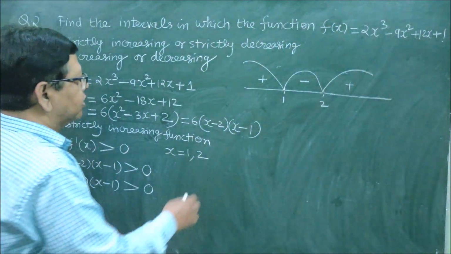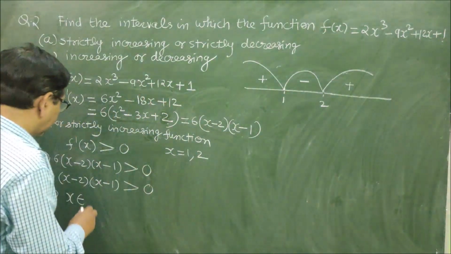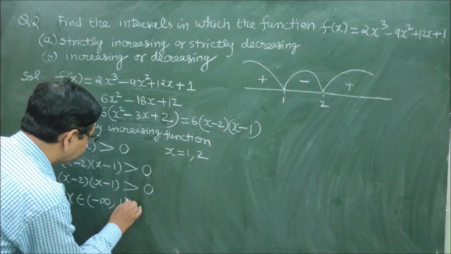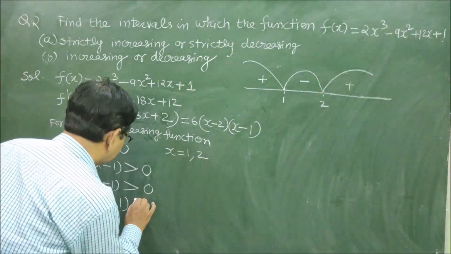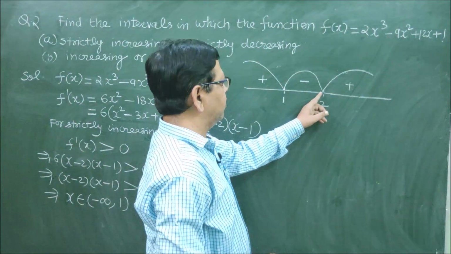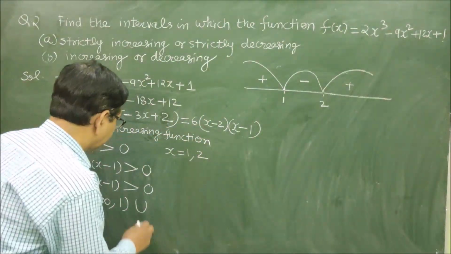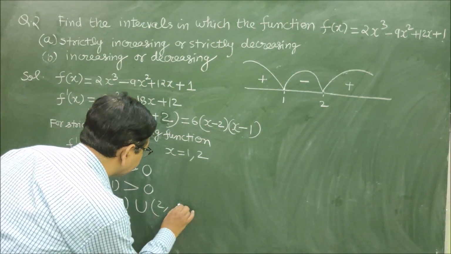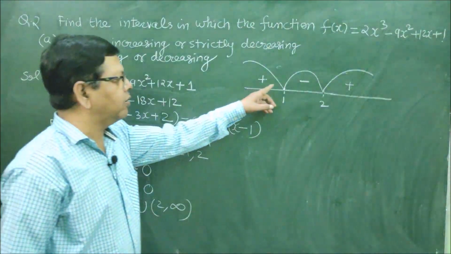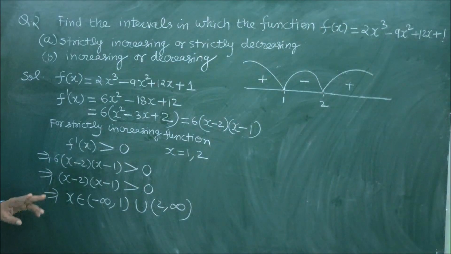Now on the left side of 1, that is from minus infinity to 1, x belongs to minus infinity to 1, union. This inequality is always positive when we are on the right side of 2, that is from 2 to infinity. So in these two intervals the function is strictly increasing.